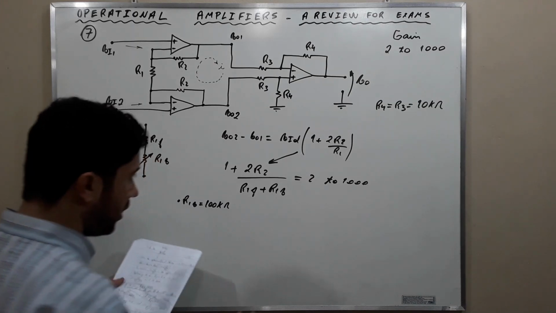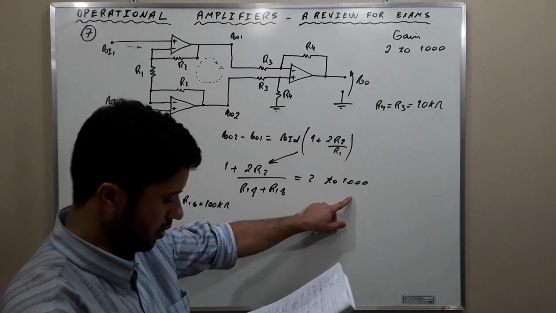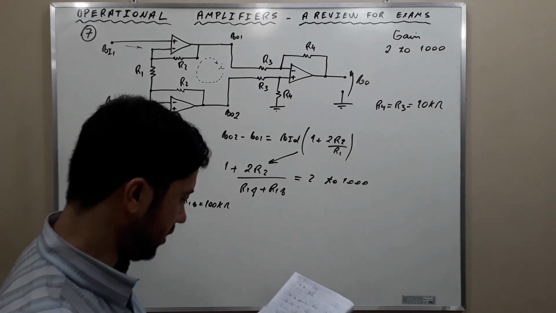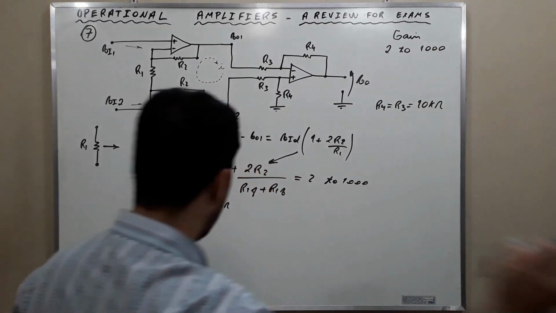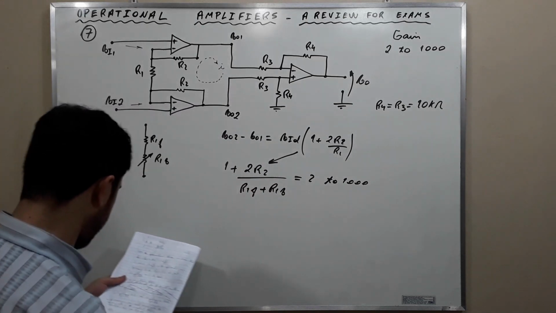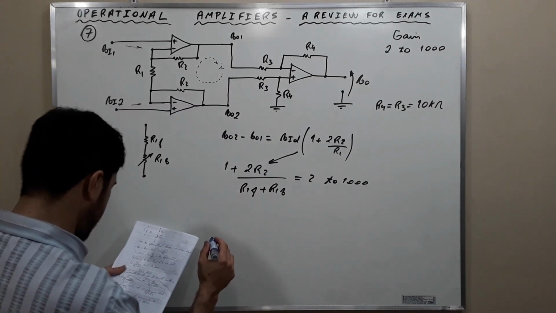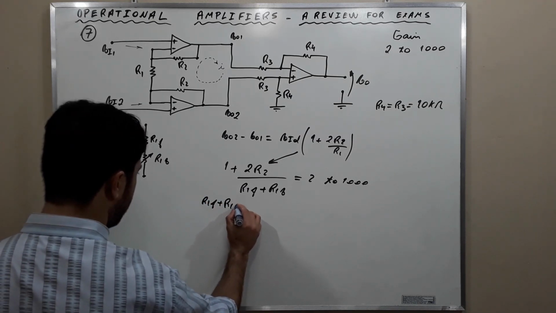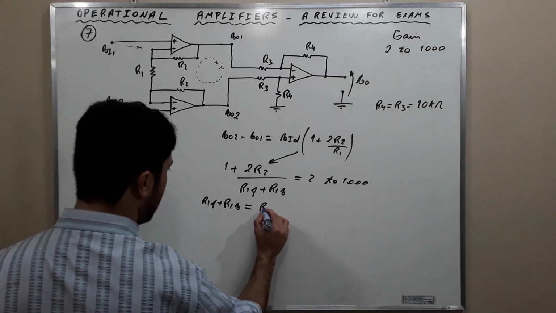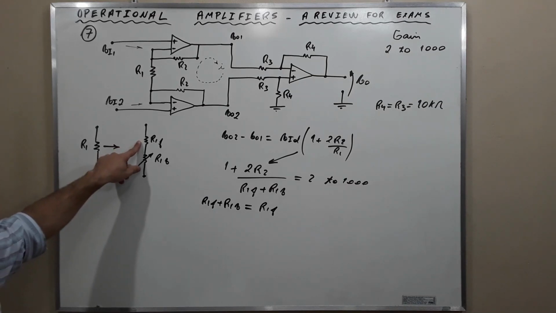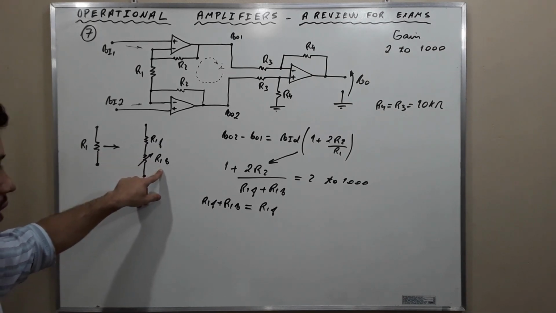The maximum gain occurs when the denominator is the smallest possible. Let me write it here so you will be able to understand it better. The maximum gain occurs when R1F plus R1V is equal to R1F. We cannot vary R1F, R1F is fixed. R1V can be varied.